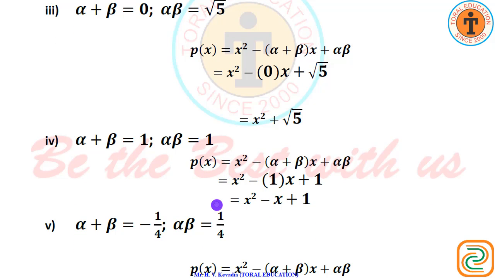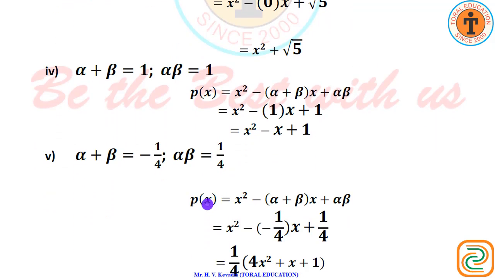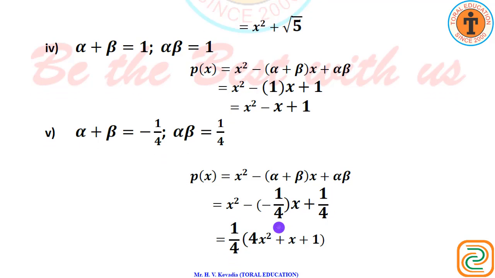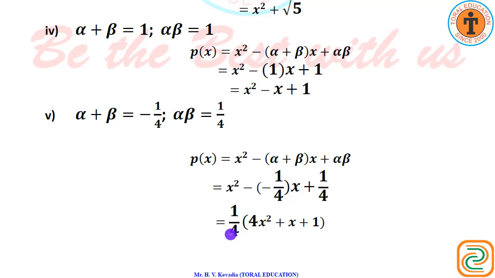Another number. Alpha plus beta equals to minus 1 upon 4, alpha into beta equals to 1 upon 4, right? So take here minus 1 upon 4 and 1 upon 4. X square minus 1 upon 4 into x plus 1 upon 4. We can take 1 upon 4 as common, right?